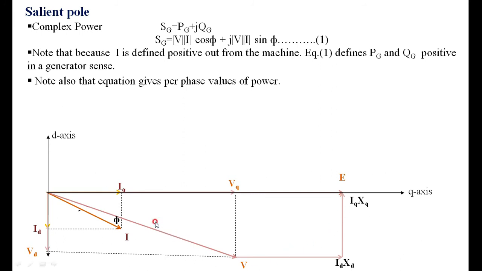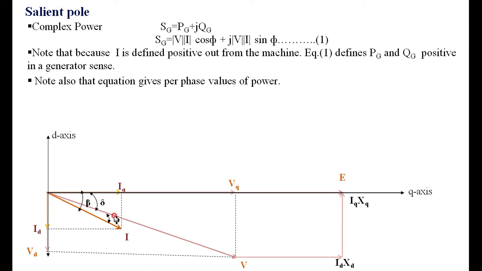And we know that the angle between the terminal voltage V and the generated voltage E is called the load angle delta. That is, delta is the angle between V and E, called the load angle, or also the torque angle. Another angle I define here is the angle between I and E, that is beta.